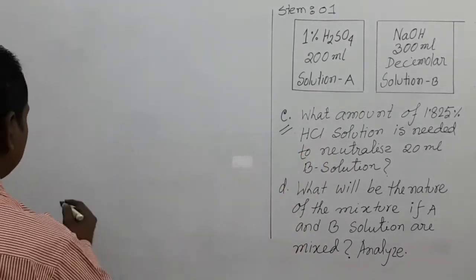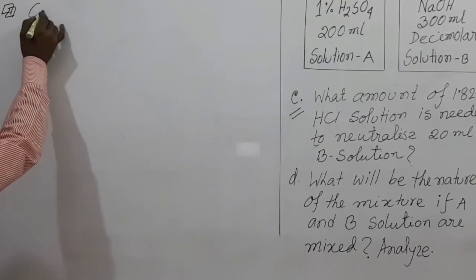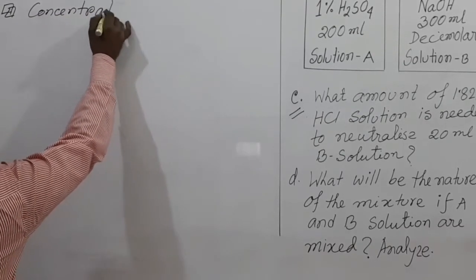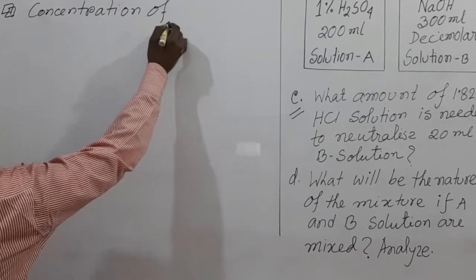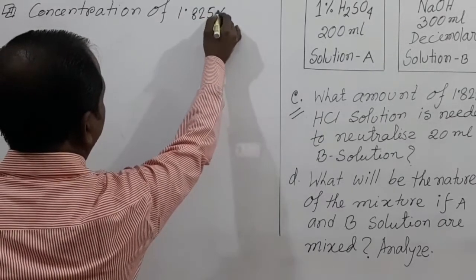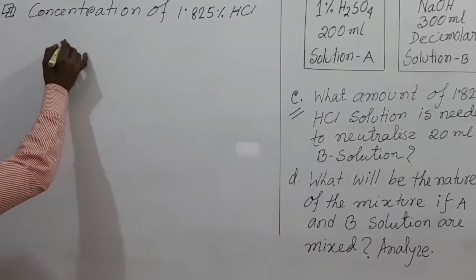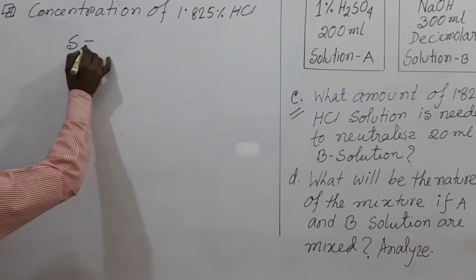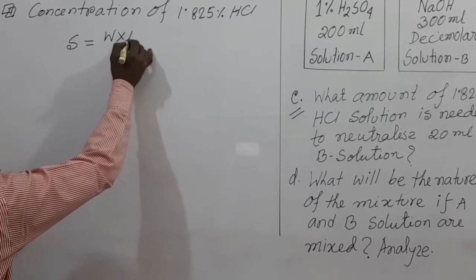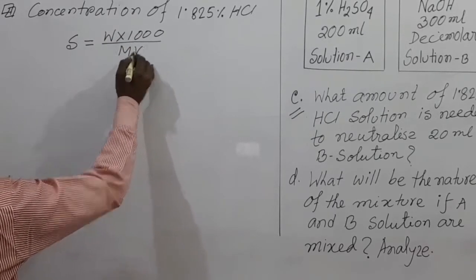So, our first step is the concentration of 1.825% HCl solution. We know that the formula of concentration is S equal to W into 1000 divided by mV.